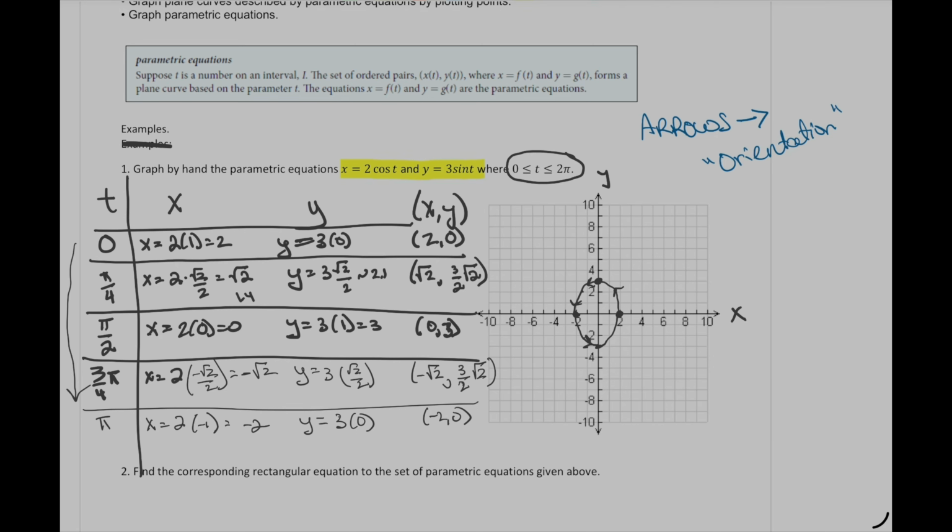That's really the only way that there's a parameter reflected on the graph, because everything else on the graph is x's and y's. Okay, so the set of ordered pairs x, y, where x is a function of t and y is a function of t, forms a graph on a plane curve, right? And t is the parameter. We have ourselves parametric equations, okay?